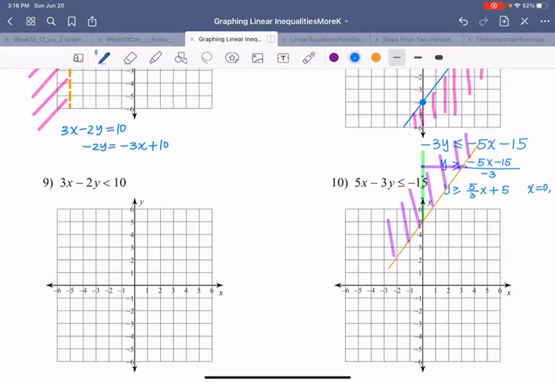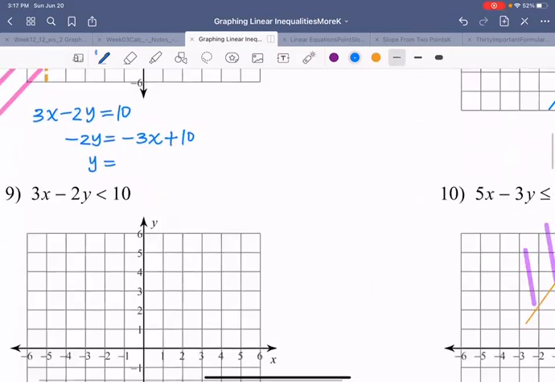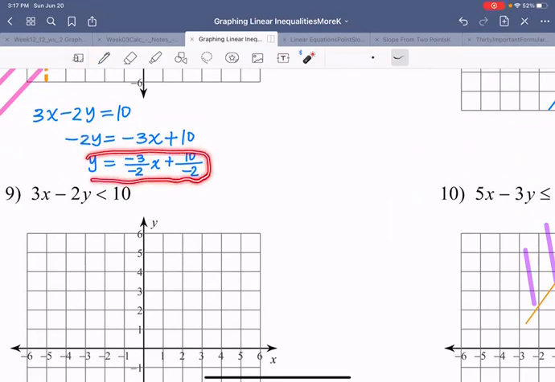y equals. You divide everybody by -2, right? You divide by -2, yes? Okay, everybody divided by -2, okay? This guy divided by -2, that's gone. So y equals this. Go ahead.